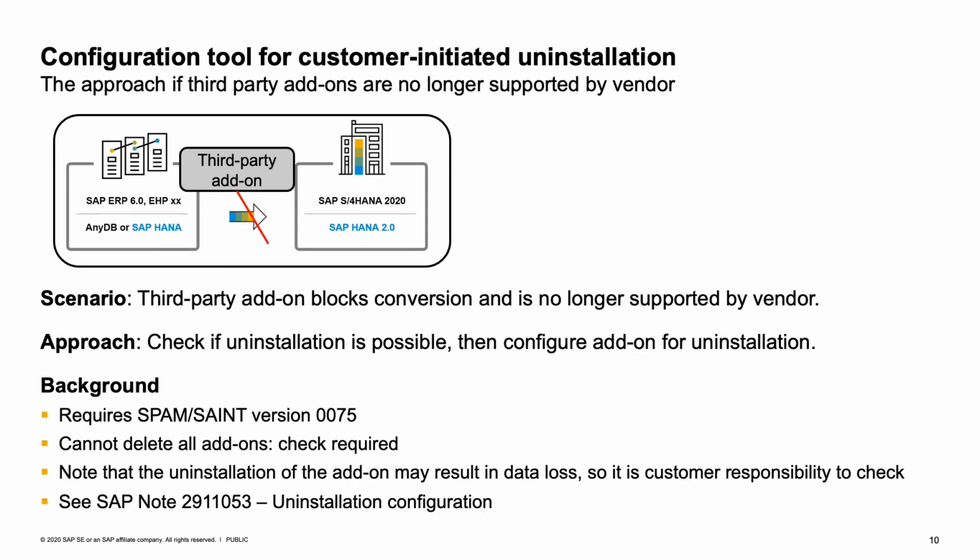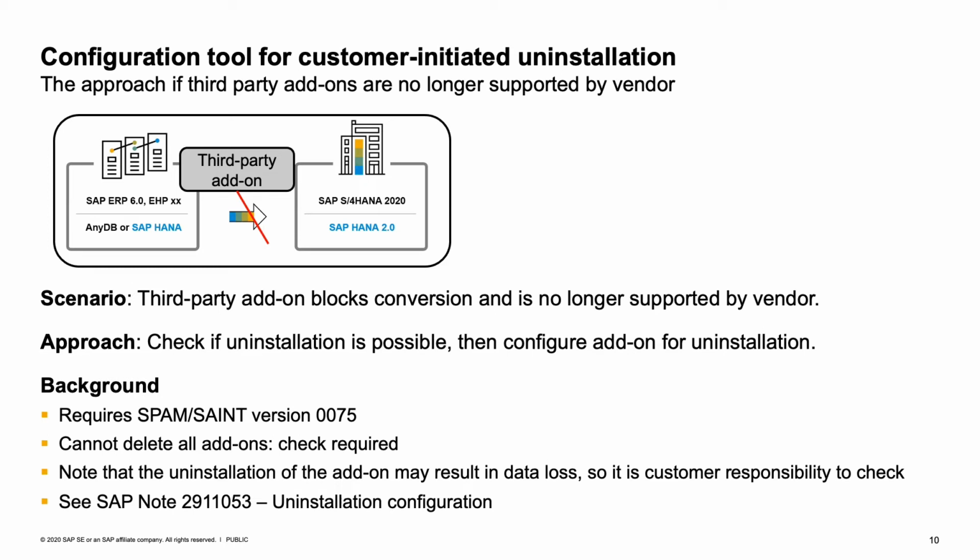So the background is this configuration tool is based on SPAM/SAINT. And so with SPAM/SAINT version 75, this is available. Again, the warning: it's not a generic tool and solution for all add-ons. There are specific boundary conditions that are checked by this configuration tool. And nevertheless, although this tool is checking, the result of the uninstallation may be data loss.